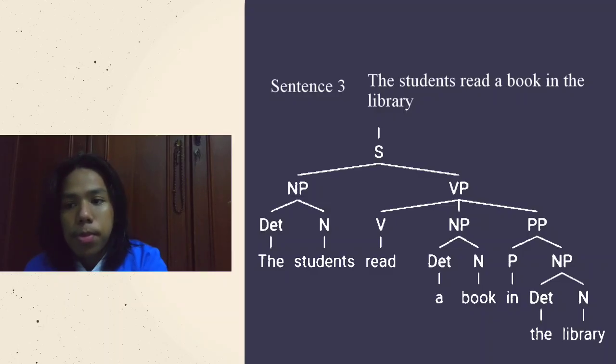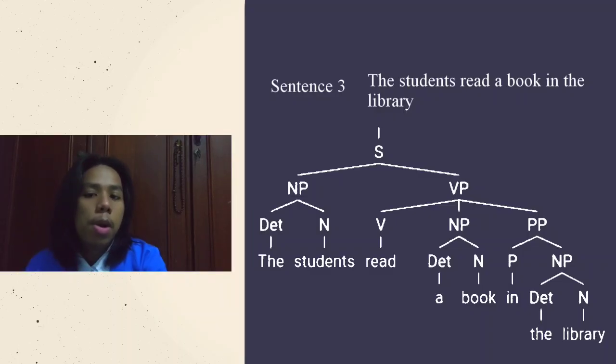The noun phrase here consists of determiner "a" and noun "book." So "a book" is a noun phrase. In this case, "a book" functions as the object of the verb "read."